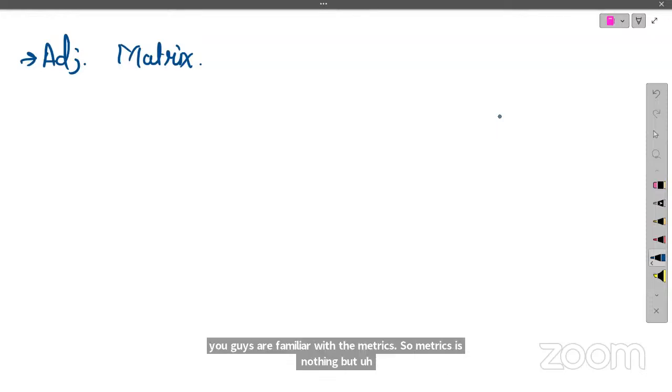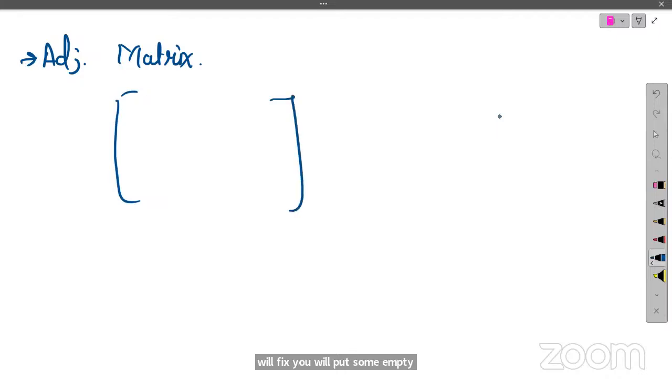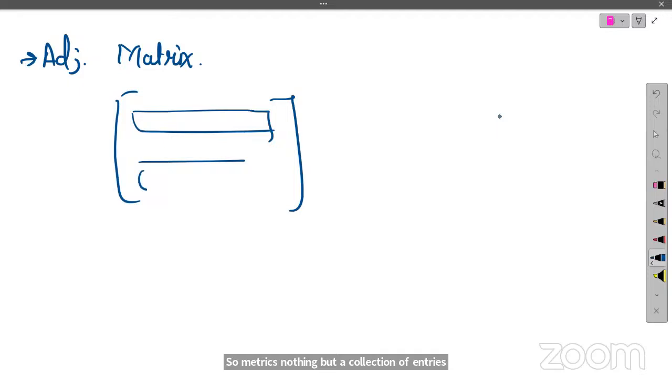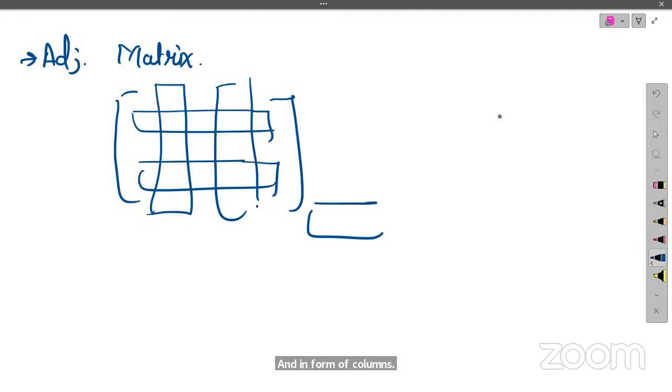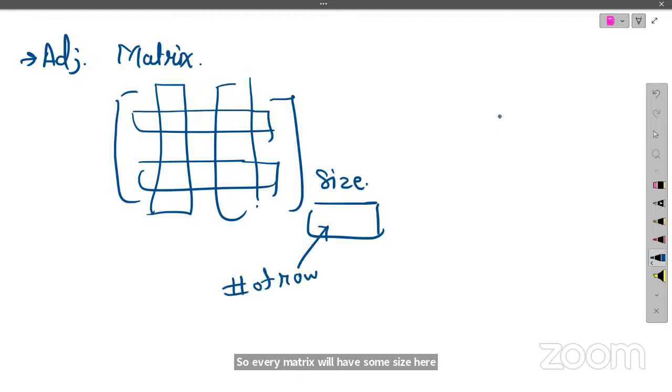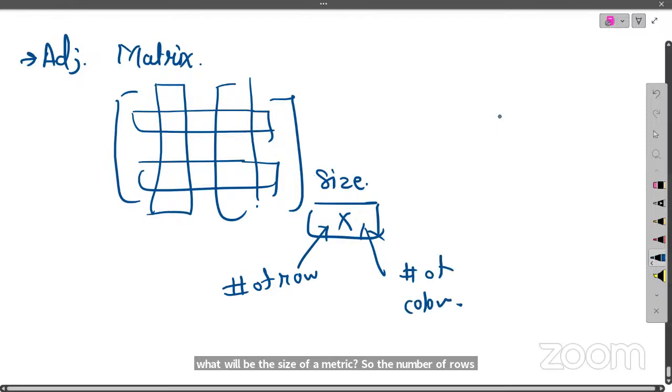In every row you will put some entries, so a matrix is a collection of entries, and these entries are written in the form of rows and columns. Every matrix will have some size. What will be the size of a matrix? The number of rows multiplied by the number of columns. This will be the size of a matrix.